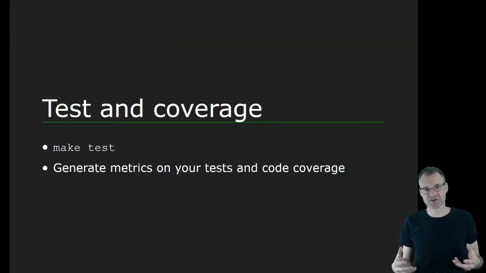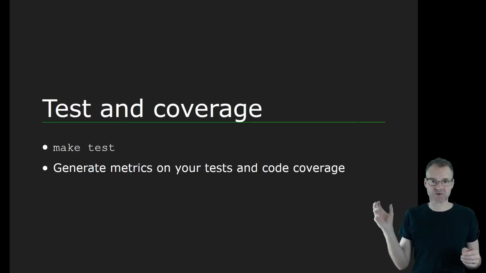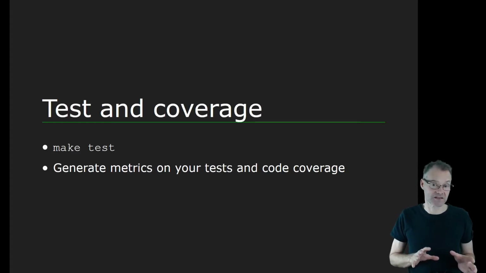So it's the first way to go. Make test. Just run all the tests and coverage. Perhaps you also run the linters, maybe. But this is also generating metrics on the tests and on the code coverage.